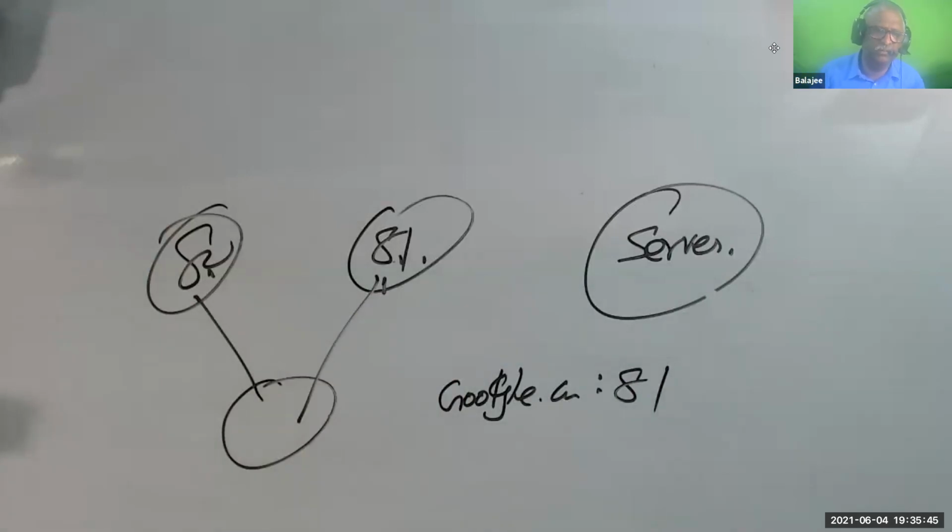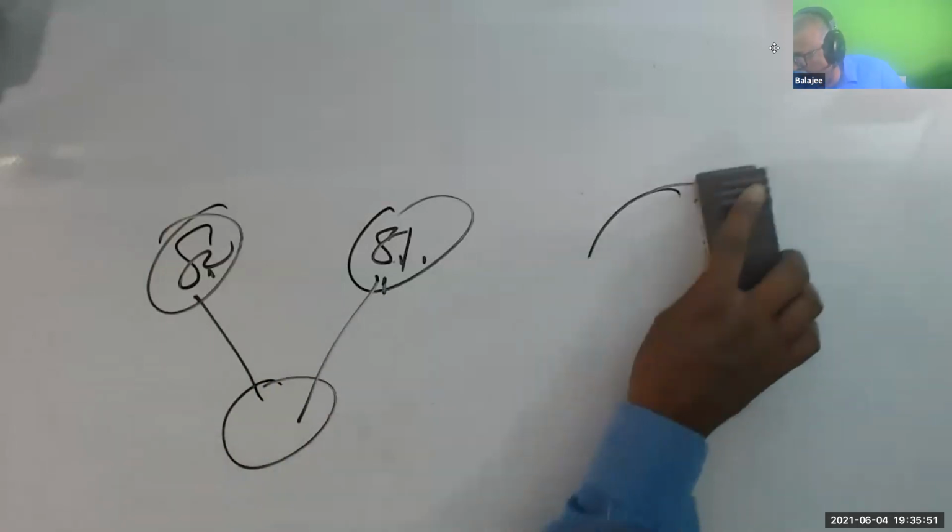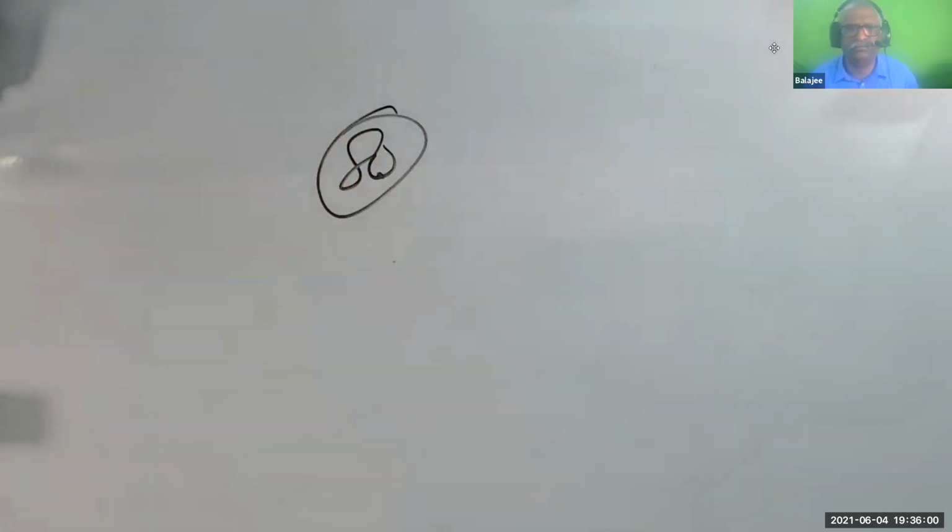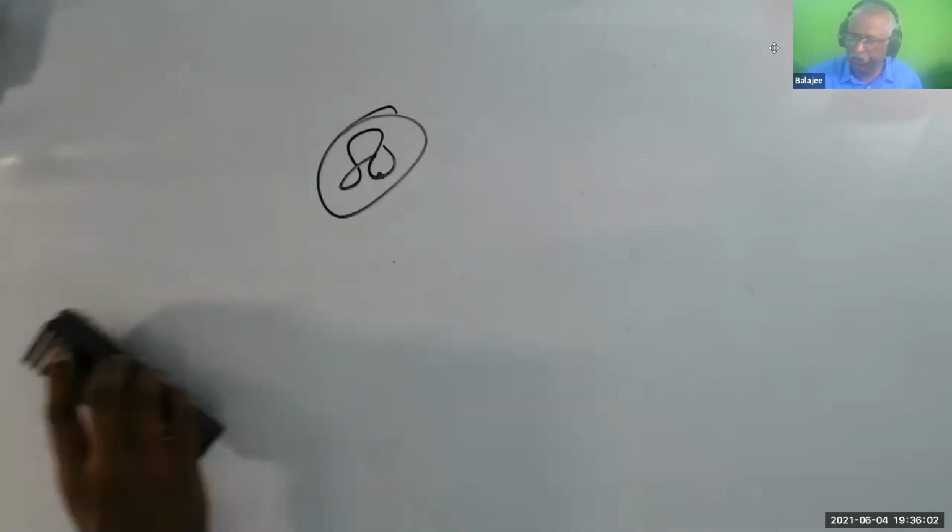It is possible. You can put that address in the browser itself. Then it will go to the specific port, not to your port. Otherwise, by default, it will go to 80. 80 is a standard. That's a trick. You can run any.